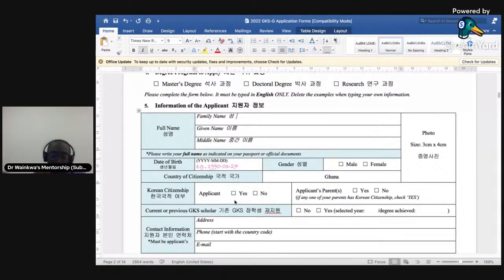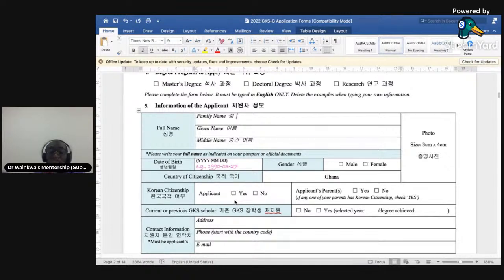It's very important you keep that in mind when you are applying for this scholarship. Then contact information.